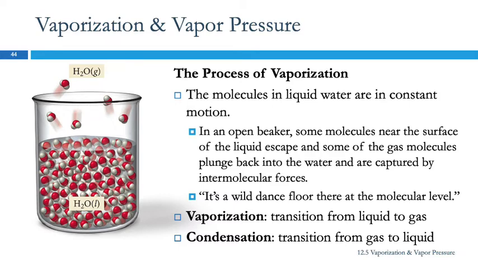Because kinetic energy is 1/2 mass times velocity squared. So if she runs really fast, she's more likely to get through. If she's running really slowly, or if she's just walking, she's going to just bump up against your hands and not get through, right? So that's what these molecules are doing. They're just all jumbled around, but they're going in different directions, and some of them will head towards the surface. If they have high enough energy, they will escape.